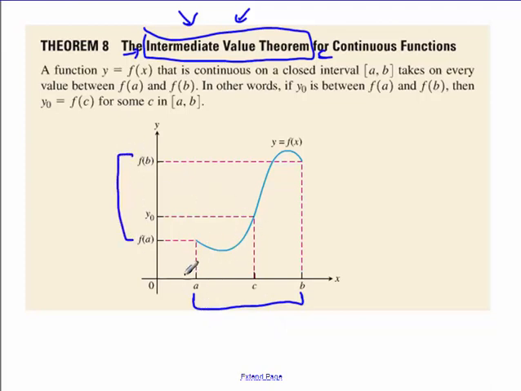There's a guarantee that there's some c in between a and b such that f of c is between f of a and f of b. We get into this a lot more as we work through studying for the AP in March, but I want to make sure you know this now.